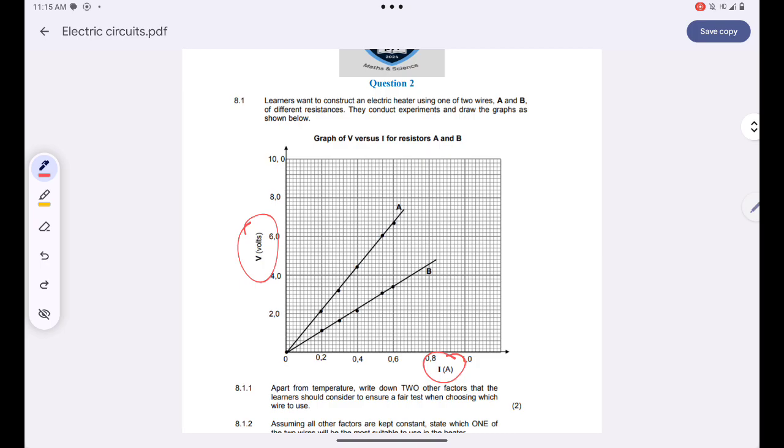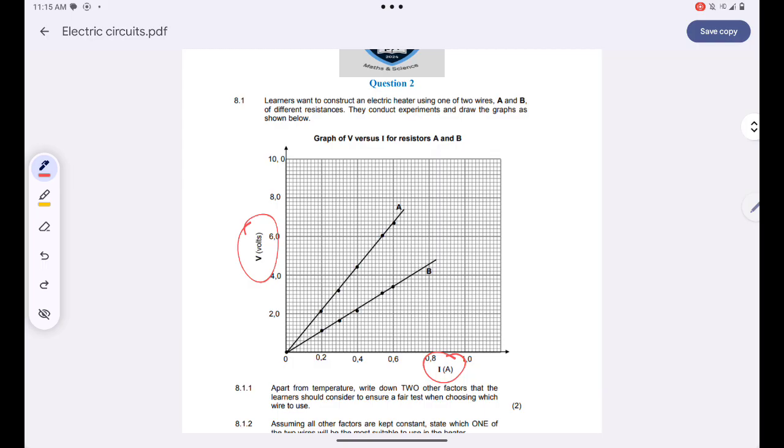The aim is to find the wire that will be suitable for the heater. The aim of having a heater is for us to have more heat inside the room, to experience more heat energy.